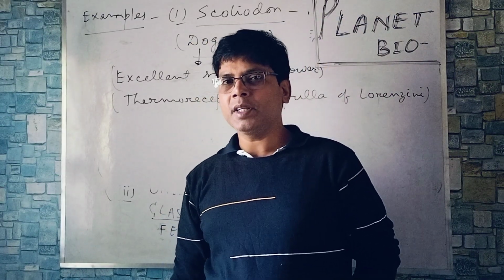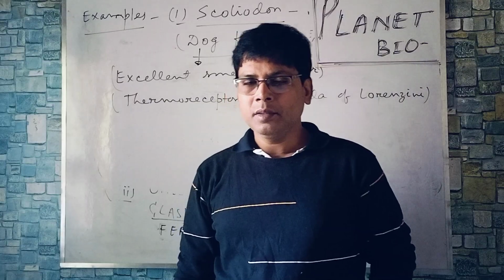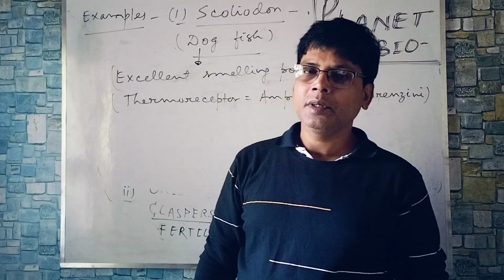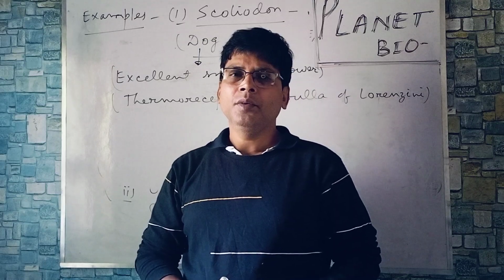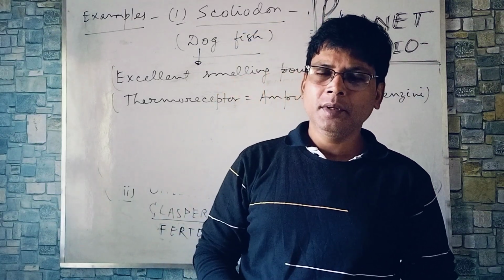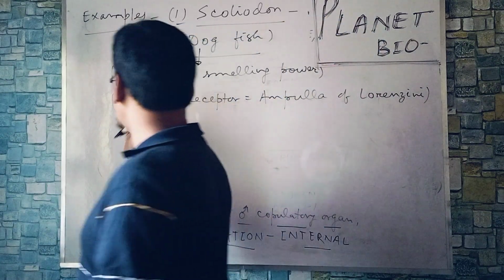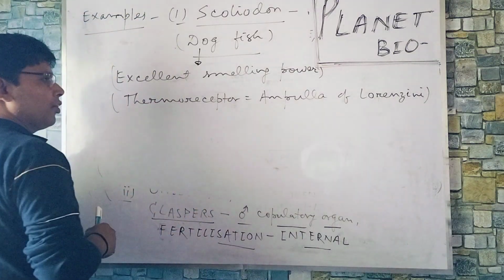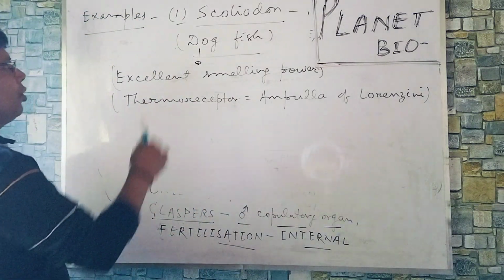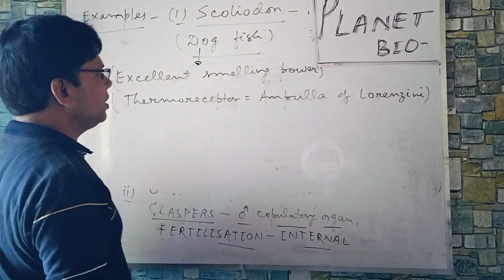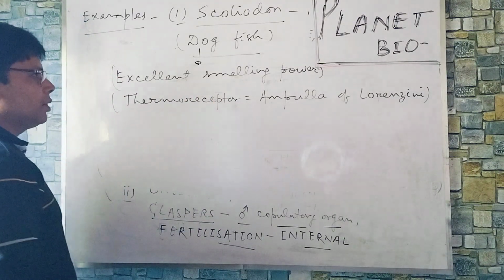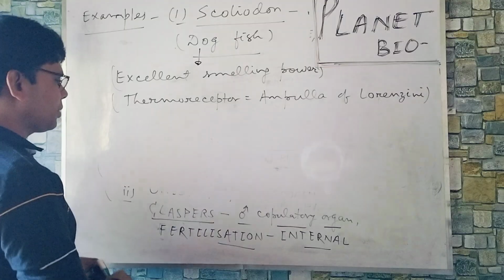During the last 5 years after Corona, some chapters have been removed, and the level of the question is going to be very, very simple. But sometimes you may be asked questions like this, so this is for your knowledge and application. Scoliodon, also called dogfish, and this is due to excellent smelling power. These have a thermoreceptor, that is ampulla of Lorenzini, a specific organ.